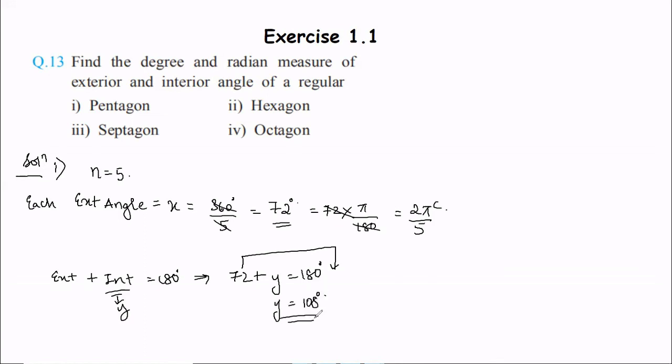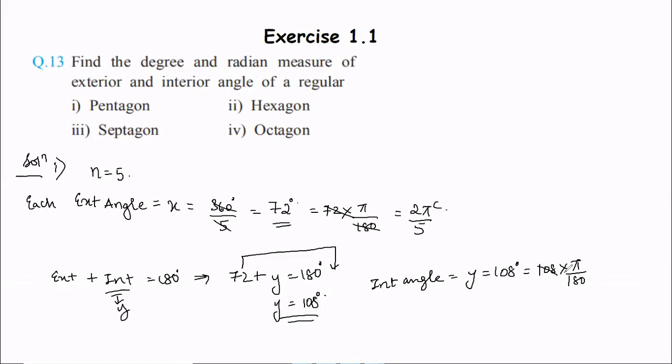Okay, we got y as 108 degrees. So interior angle in case of pentagon is equal to y is equal to 108 degrees, sorry, not 180. It's 108 degrees. Yes, that is equal to 108 into pi by 180 for converting this to radian.